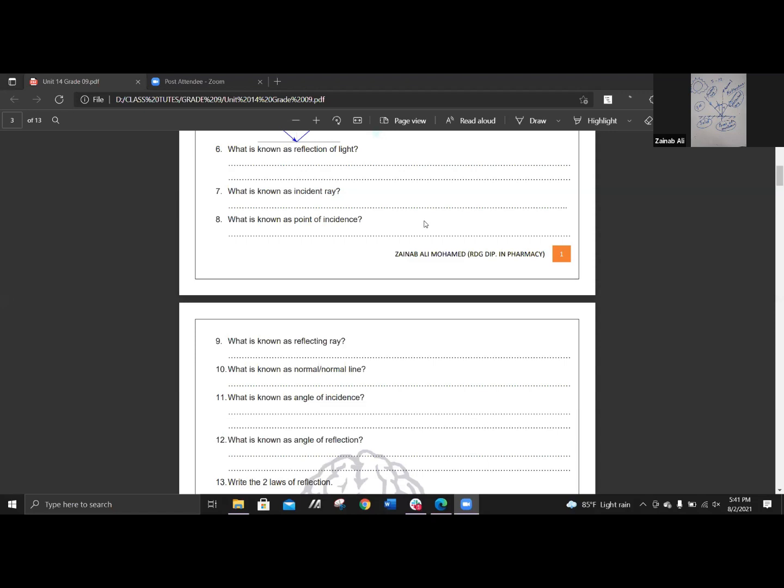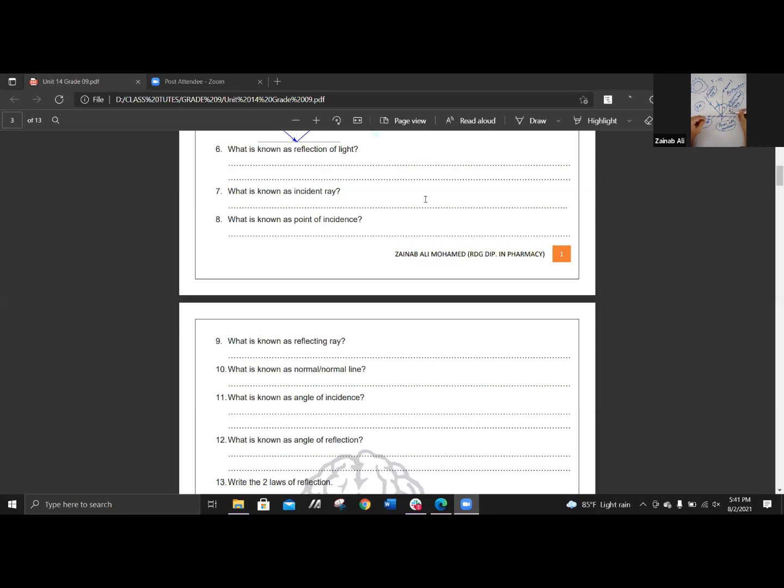Okay, so I'll explain once more what is normal line, because the student wants it. I told you all to do until question number 12, so make sure to do only until question number 12. You know what is perpendicular, right? Perpendicular means a line drawn to a surface at 90 degrees. If you draw a line into a surface at 90 degrees, you call it a perpendicular line.